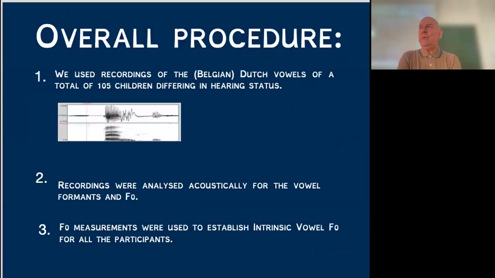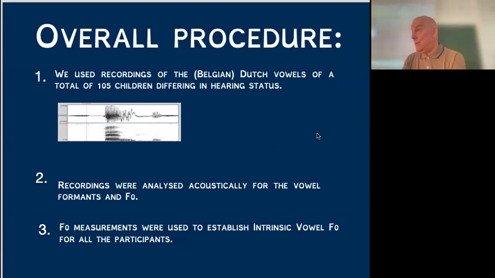And how did we do that? Well, the overall procedure: we used recordings by quite a large number of children saying the vowels of Belgian Standard Dutch. In total, 105 children, and they differed in terms of hearing impairment. I'll talk about the groups in a minute.